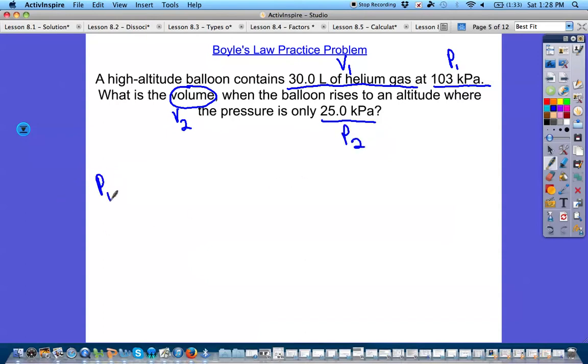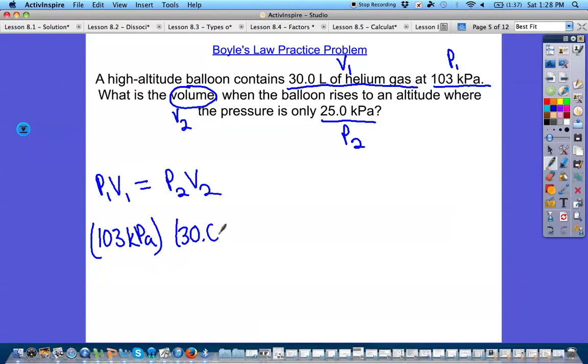So our equation for Boyle's law, P1 times V1 equals P2 times V2. So now we're just going to plug the numbers into our equation. So 103 kilopascals is P1, 30 liters is V1. We want to find V2, so our P2 is going to be 25 kilopascals.